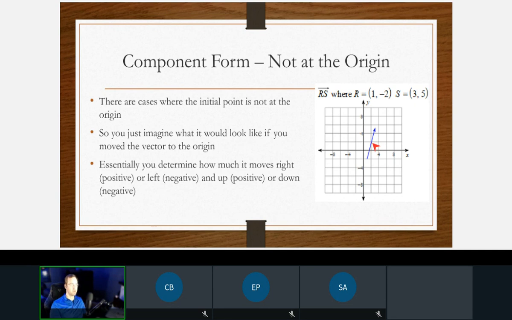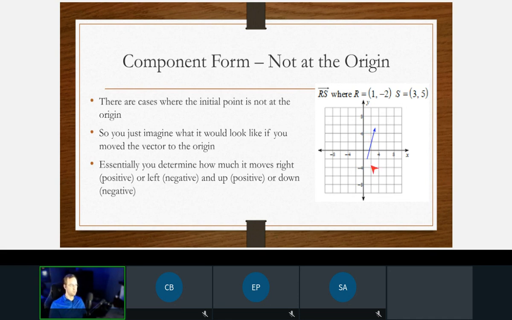So to make that happen, I would want to slide this to the left how many units? Yep, to the left 1 unit, and then I want to slide it up how many units? 2. Perfect. So that's all we're doing. We're just sliding it left 1 and up 2. In that way, in component form, it originates at the origin.